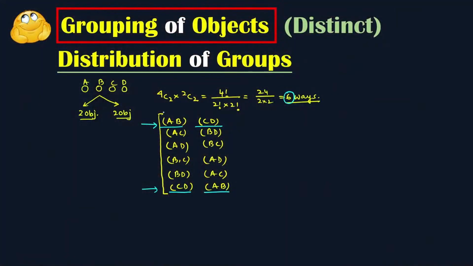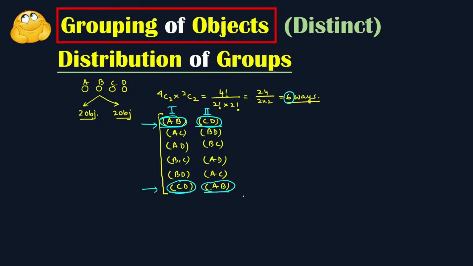Again I am telling you, I have simply asked you to form 2 groups. That's it. 2 groups. And I have not given any name. Because if I give a name to the groups, then it will become distinct. If I say that this group is, let us say, 1 and this group is 2, then this selection, which contains AB and CD, will be different from CD and AB.